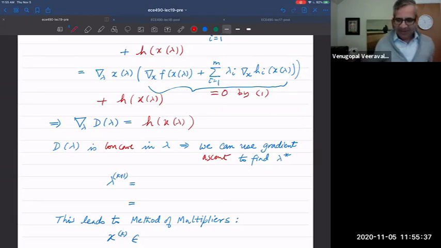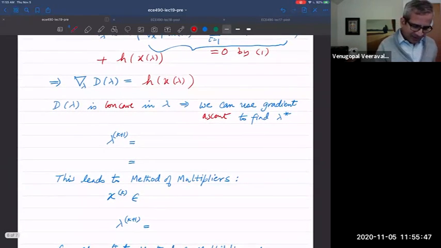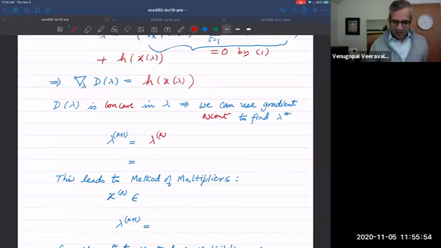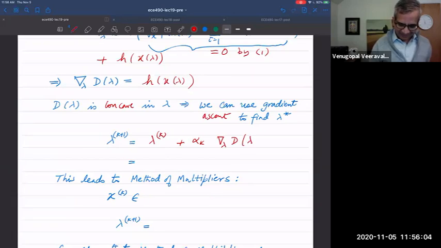But what's gradient ascent? It's basically gradient descent with the sign change on the gradient, right? So if we want to climb along the gradient instead of going down along the gradient, your gradient iteration will look like this. So lambda k plus 1 is lambda k plus some alpha k positive times the gradient. Instead of negative, you have positive. Okay, but alpha k is some positive number.